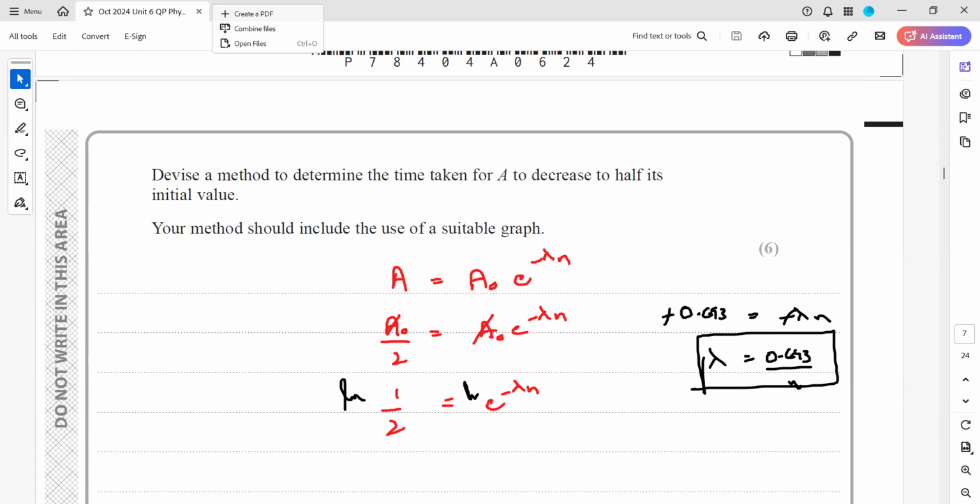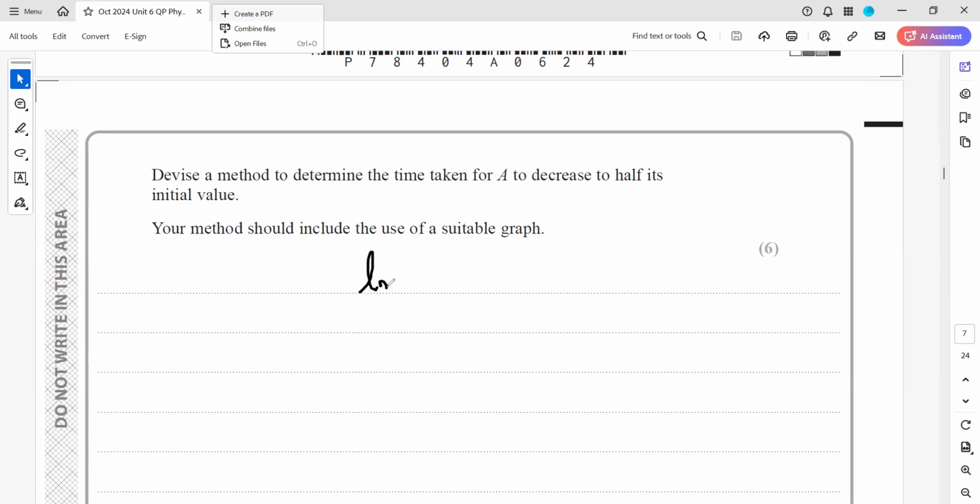So we have to use the first method only, the one which I derived first, where I wrote ln A is equal to minus lambda n plus ln A naught. The second method is a direct method in which I just substitute the value, and it will not give the result.